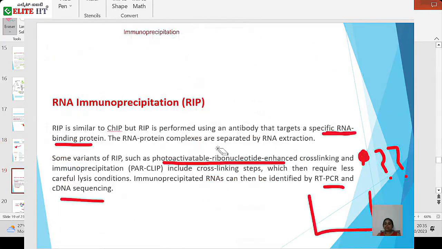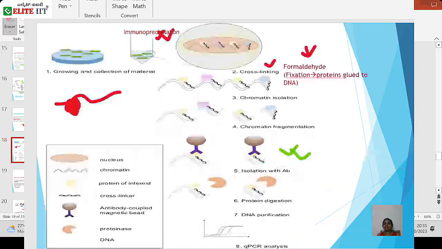Whereas in case of RIP, you are developing antibody against a specific RNA binding protein, nothing else. Now RNA protein complexes are separated by RNA extraction, exactly like the DNA method. And now finally you have to do the RT-PCR because it is the RNA. Now finally you are getting the RNA.